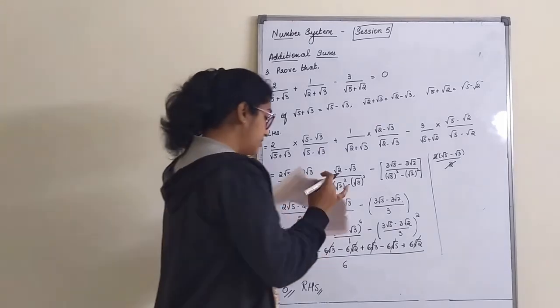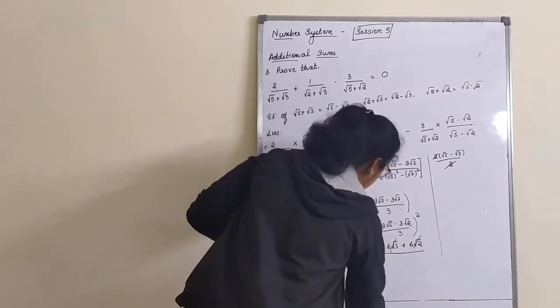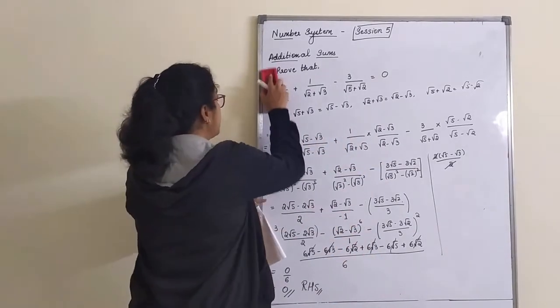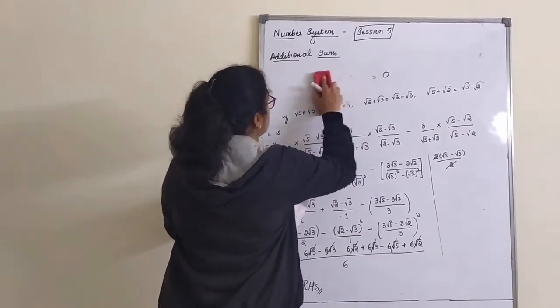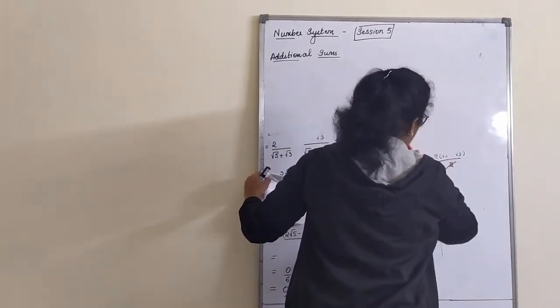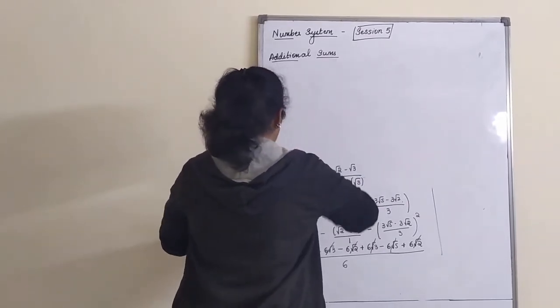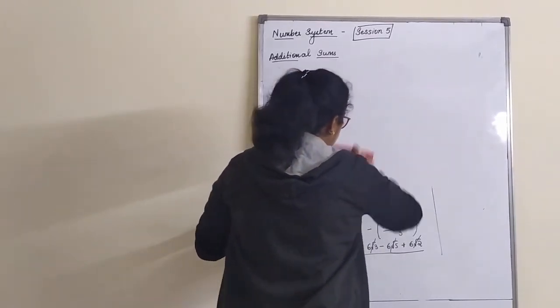So let's start with the next one. I am only doing one pattern of these sums so that the remaining sums you can solve by yourself. The next sum I will be solving is exponent based, where in the exercise we have very simple sums.